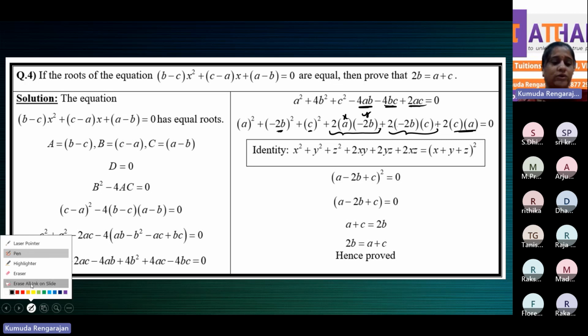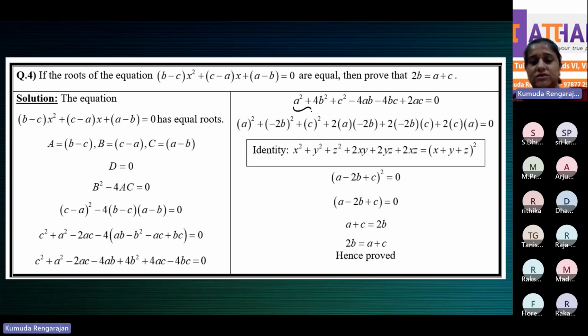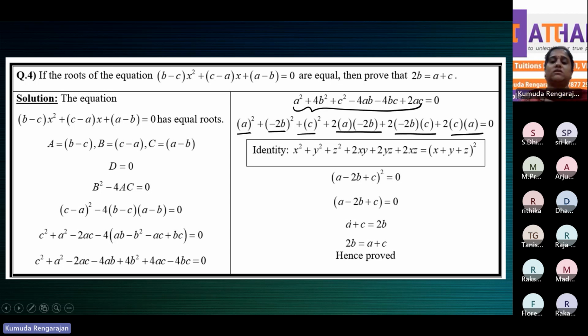So what we are doing is we are trying to show that this expression is perfectly of the form x squared plus y squared plus z squared plus 2xy plus 2yz plus 2xz. Though you write it in a different way, their products match. You get the same terms as above.